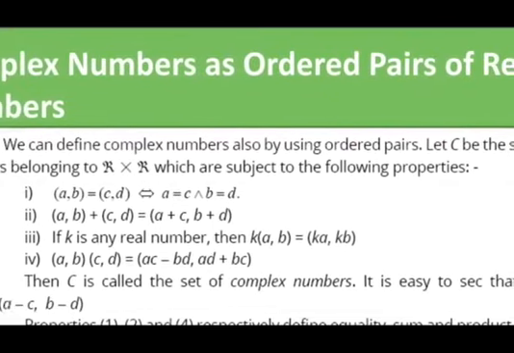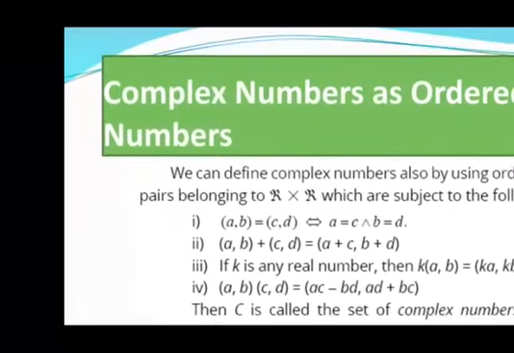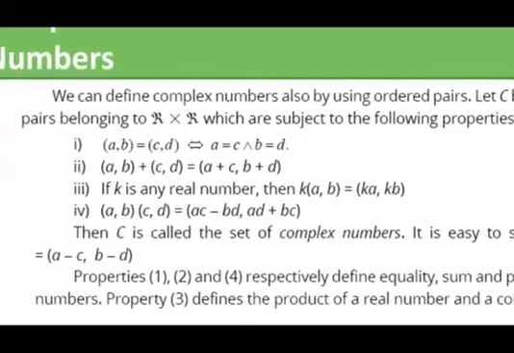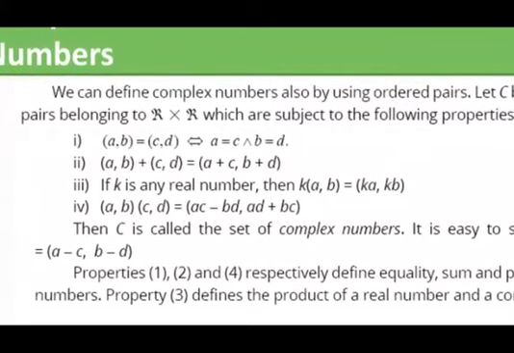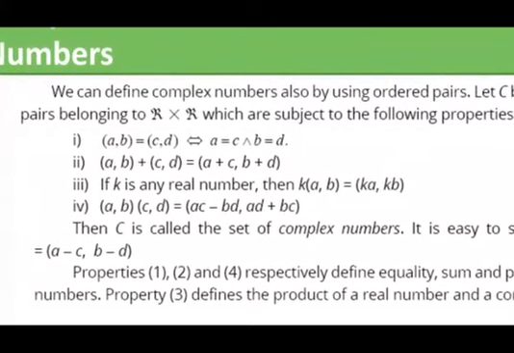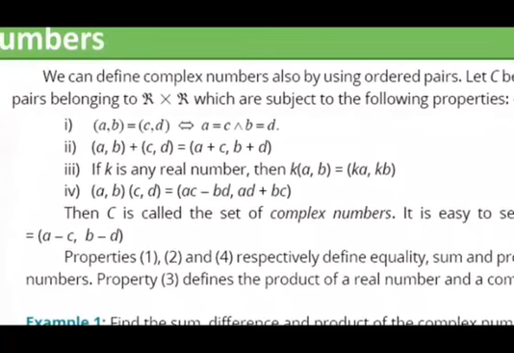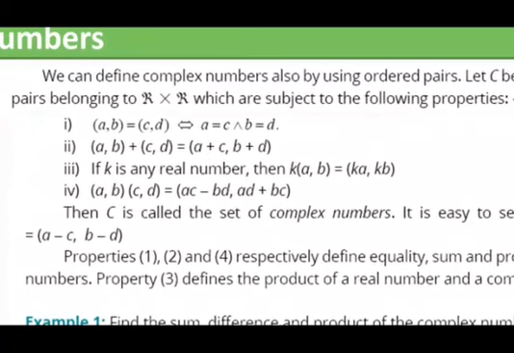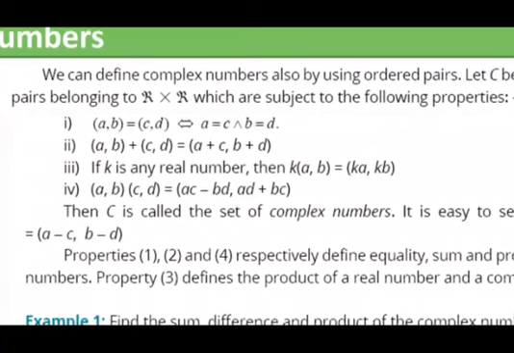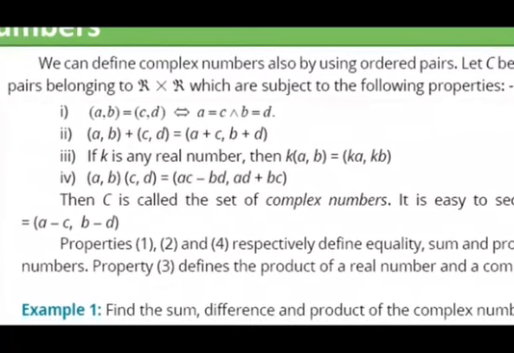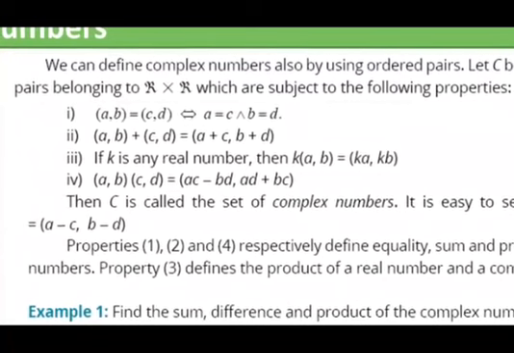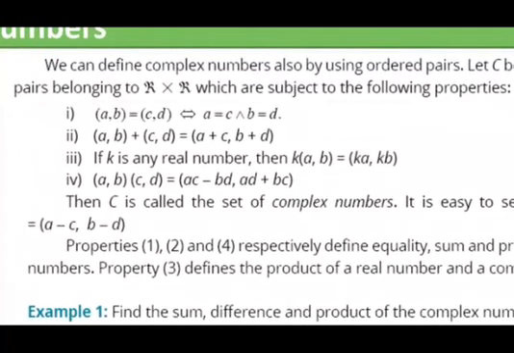Complex number as an ordered pair of real numbers. We can also write a plus b iota as a comma b, and c plus d iota as c comma d. The same properties we solved on the previous page with complex sign, we now do in ordered pair form.